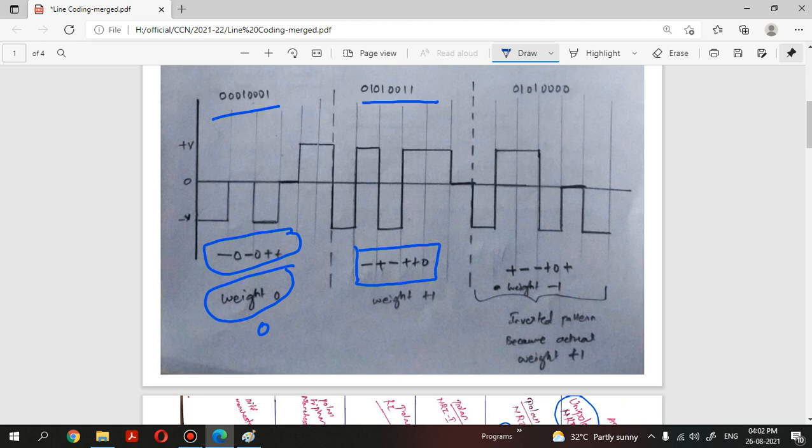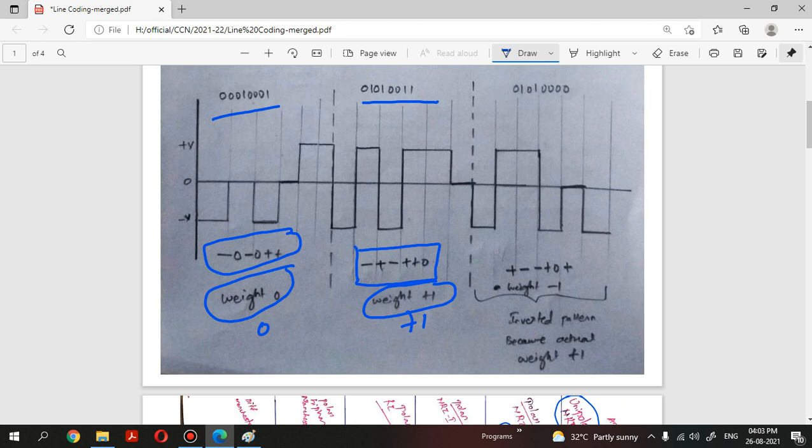Negative, positive, negative, positive, positive, 0. If we make a sum of this, it will give 3 positives and 2 negatives, so the weight is plus 1, because one plus will remain. If you cancel the 2 pluses and 2 minuses, I will get 1 plus, right? So that is the voltage level for this.